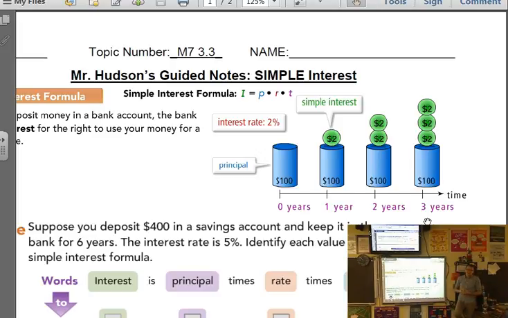What is my interest amount that I'm making every year? Yeah, 2%, and that just so happens to be $2 if we look at how much money we make. So after 3 years, what would be our balance?